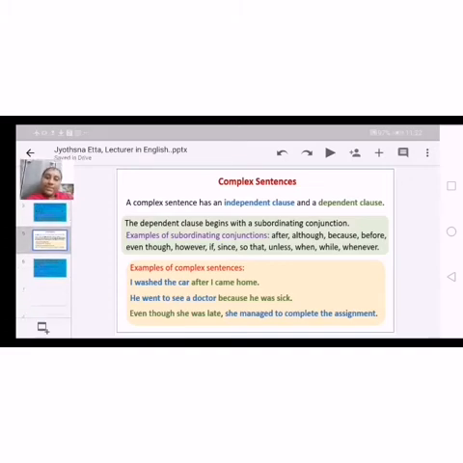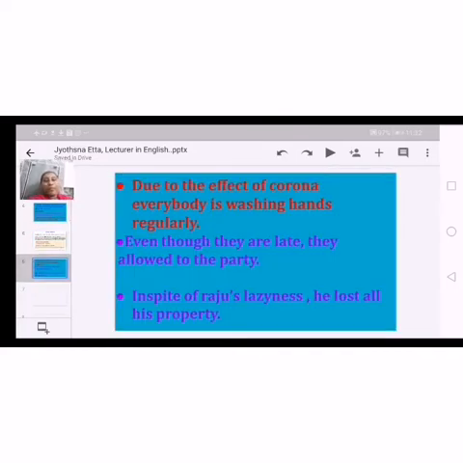Okay, let's have some more examples. So, due to the effect of corona, everybody is washing hands regularly. Of course, this is a contemporary issue. So everybody is washing hands regularly. Why? Why are they washing regularly?